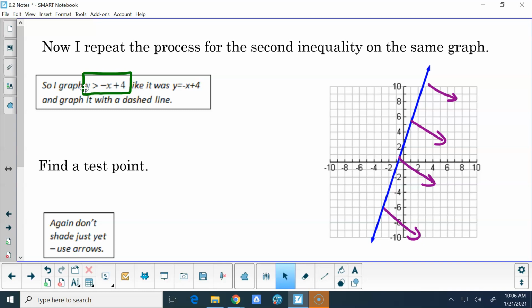So negative x plus 4 would be up 4 with a dot. Slope of negative 1 would be down 1 and right 1, or up 1 and left 1. We would put on there a dashed line.